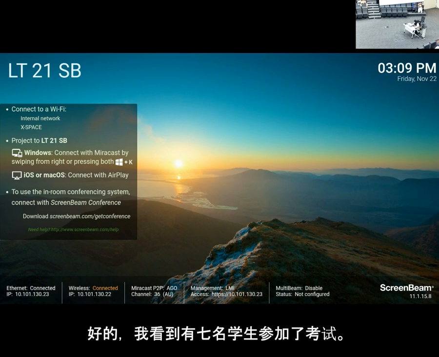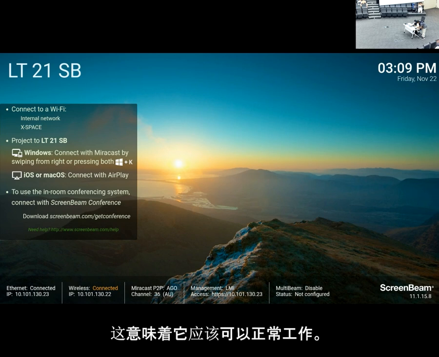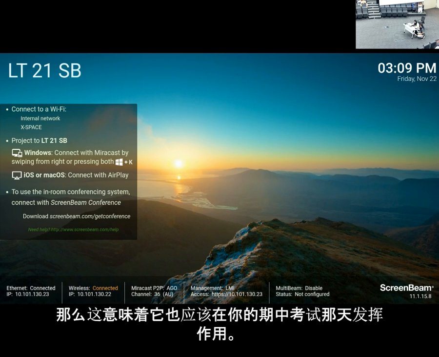Okay, I see 7 students who have attempted the test. It means it should work fine. So install it beforehand. Install it today and attempt this test, and then it means that it should work on your midterm day as well.